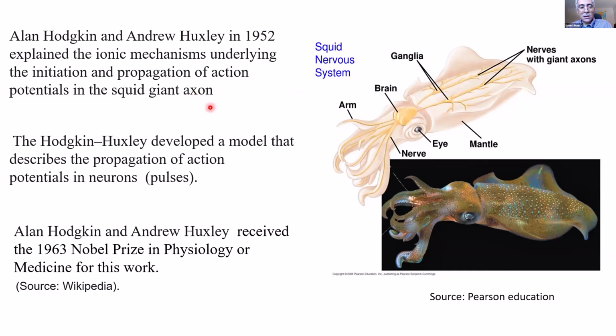They discovered that an ionic mechanism underlies the initiation and propagation of the action potential in the neuron. They also provided a model, which was really the beginning of research in this area, and they received the Nobel Prize in Medicine and Physiology in 1963 for their work.